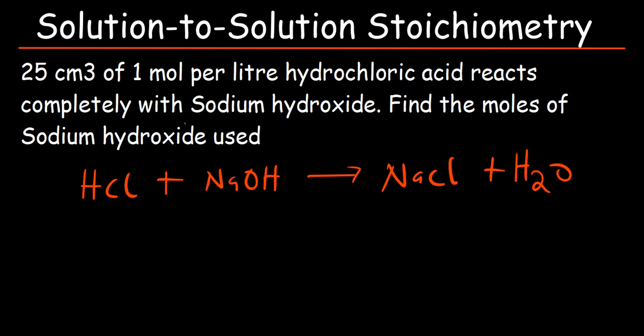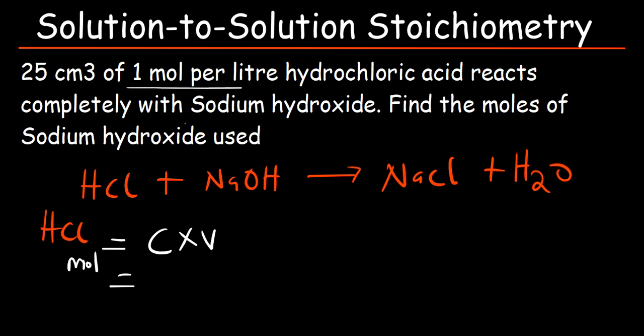So the moles of HCl: if we're talking about the moles, you multiply the concentration by the volume. The concentration we've been given is 1 mole per liter, multiplied by the volume.